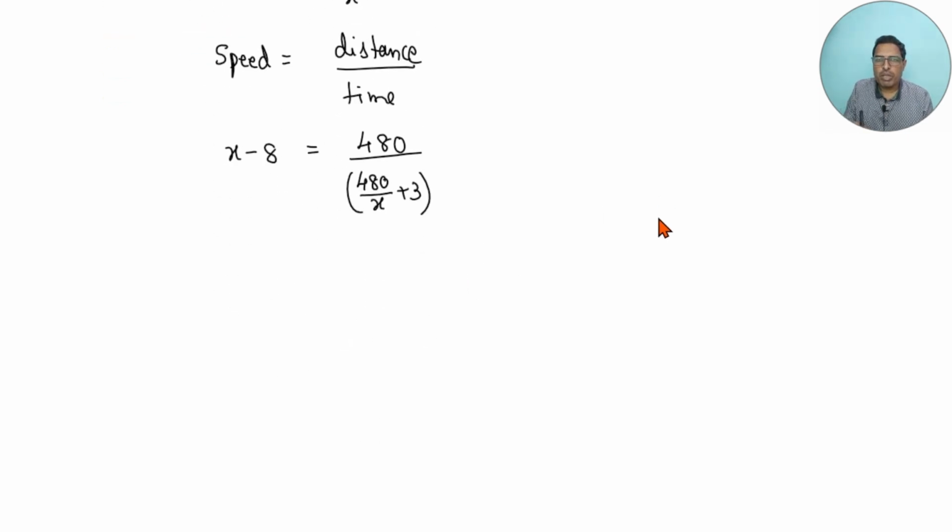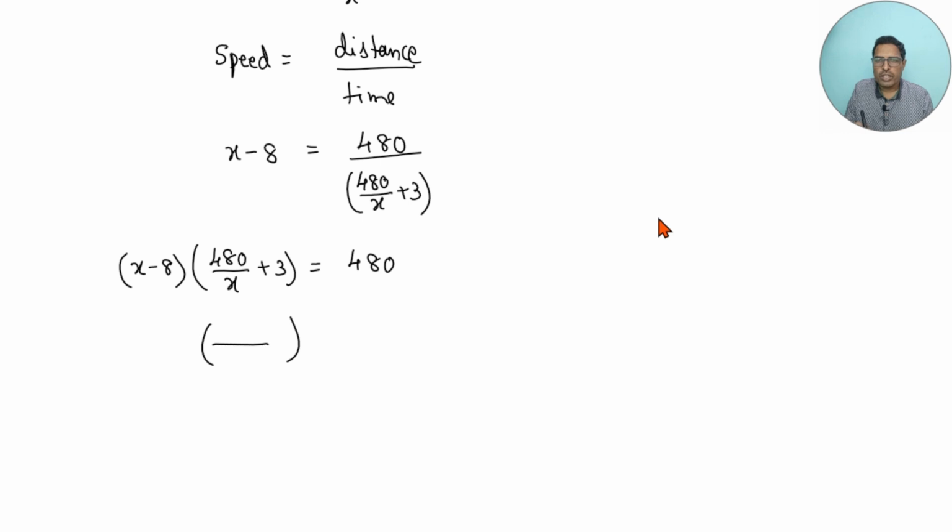Let me cross multiply this 480 by x plus 3 on the left hand side. It becomes x minus 8 times 480 by x plus 3 is equal to 480. So here let me take the LCM as x.